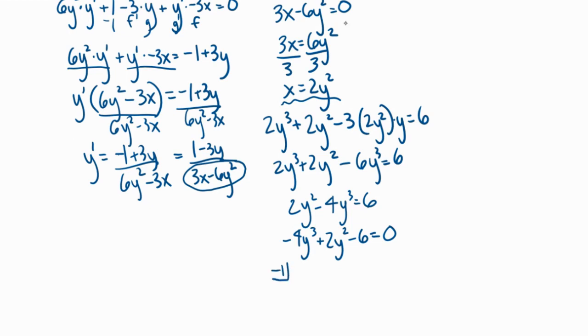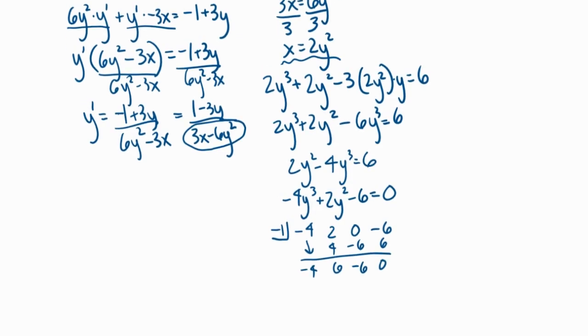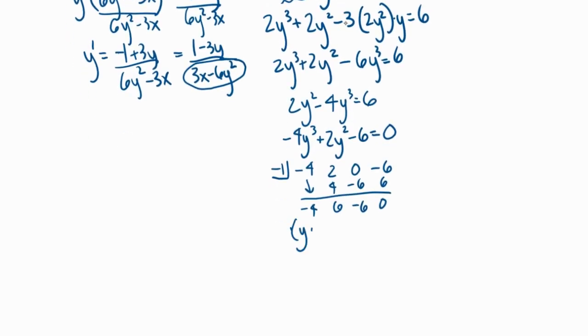Oops, -1, because -4, if you make that a +4, right, by multiplying by -1, +4 plus 2 minus 6 is equal to 0. But I'm going to go ahead and just use synthetic division to double check. -4, multiply, add, multiply, add, multiply, add. So it checks out. So this is going to be y plus 1.